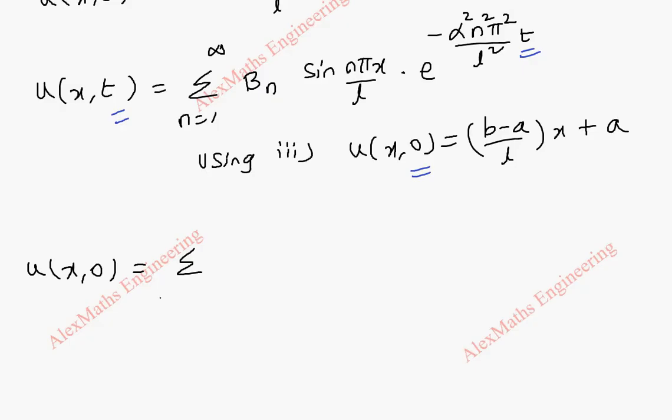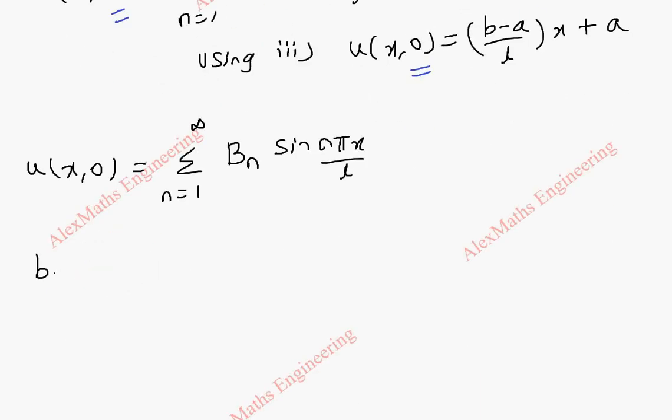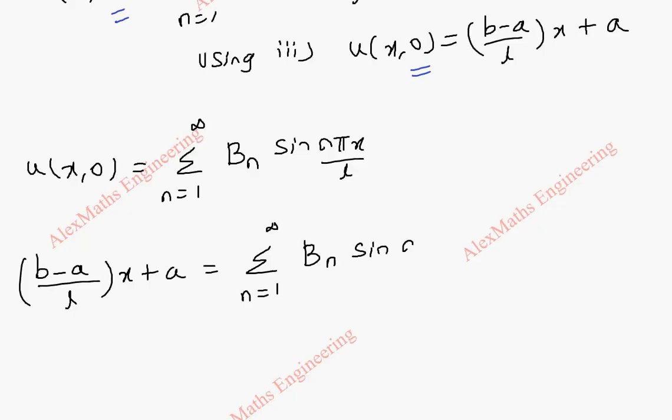Now, summation n is from 1 to infinity bn sin(n pi x by L), and e power 0 is 1. And u(x,0) is our function, b minus a by L into x plus a, which equals the summation n is from 1 to infinity bn sin(n pi x by L).